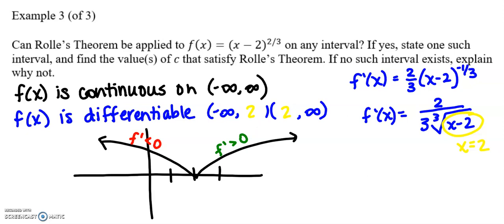And it's because if you were to try to pick endpoints, anything that you would set up so that you had a secant line with a slope of 0, you'd have to push over this non-differentiable point. So if I chose 2 points over here for my secant line, there's not going to be a place because my function is increasing that entire time. These 2 dots will never have the same heights to make that f of a equal to f of b.